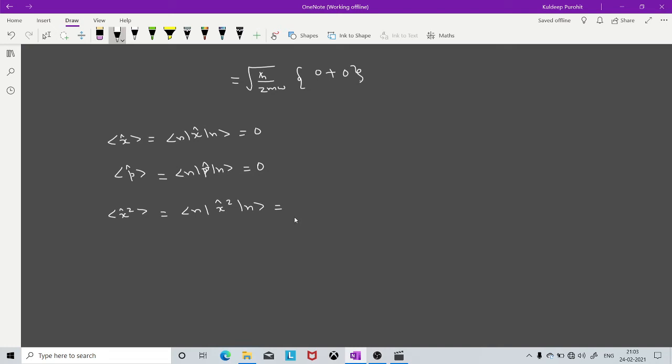Since it is x square, h cross by 2m omega will come outside, and here you are left with two operators. You can't take a direct square, you have to write it as a plus a dagger into a plus a dagger, into ket n.